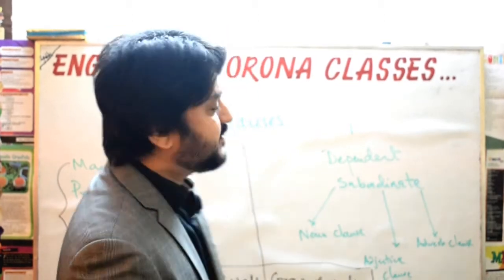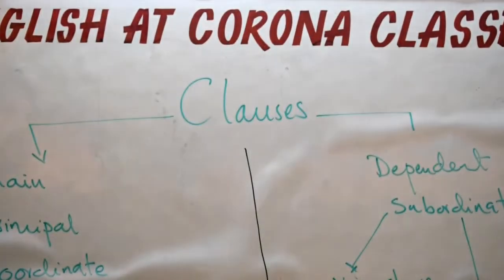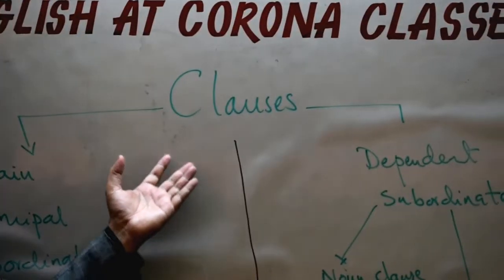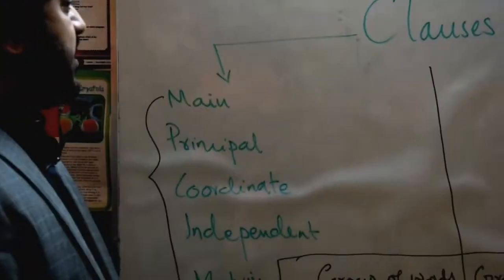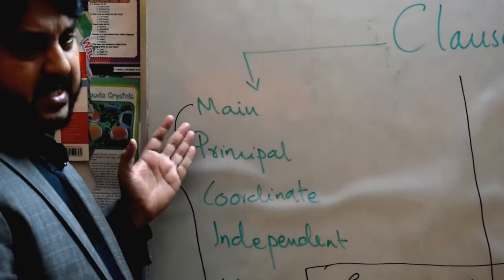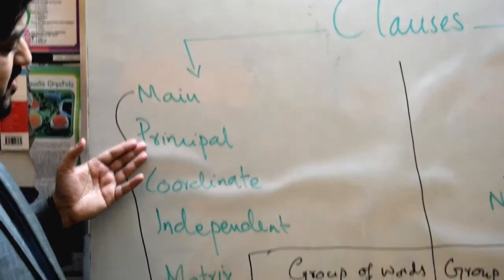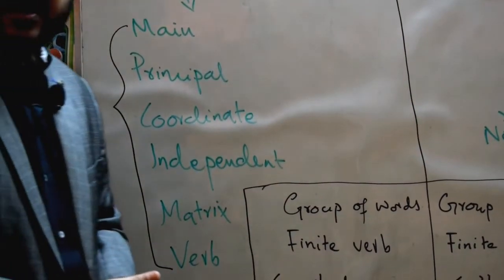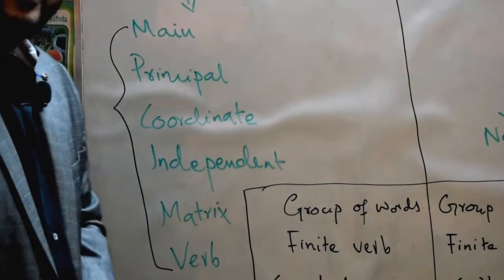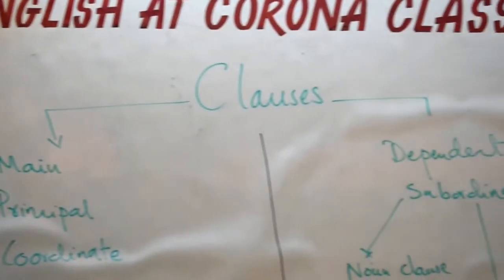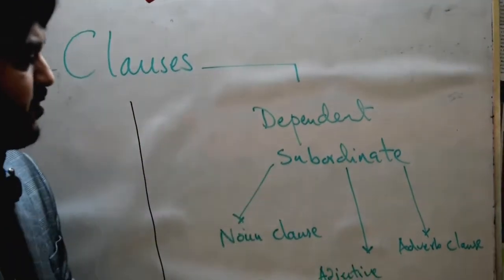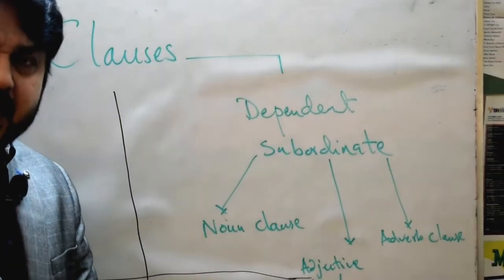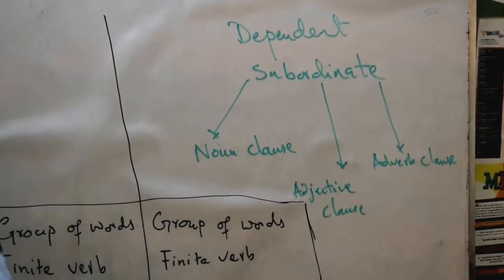Thank you very much. So clauses are of two types. There are main clauses, which are also known as principal clauses, coordinate clauses, independent clauses, matrix for that matter, and verb clauses. And there are the clauses which are known as dependent clauses and the subordinate clauses.